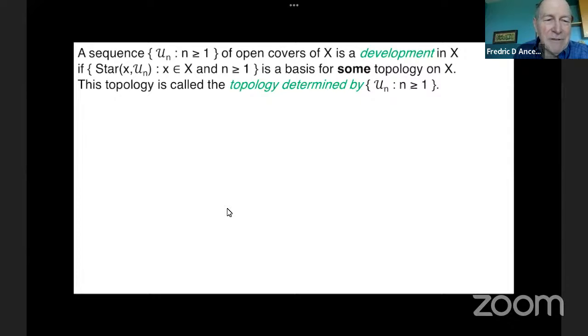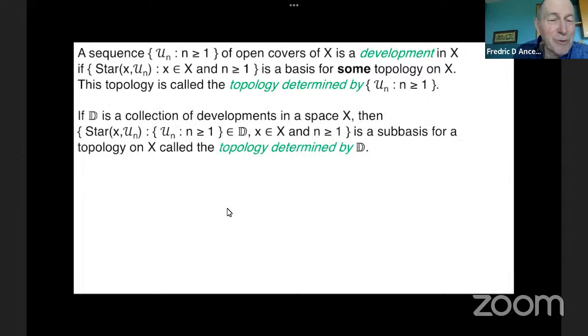Okay, and we call it the topology determined by that basis. I'm going to actually be considering not just a single development, but a whole bunch of developments, and then the stars of those open covers in those developments will be the sub-basis for a topology, which is the topology determined by the collection of developments.